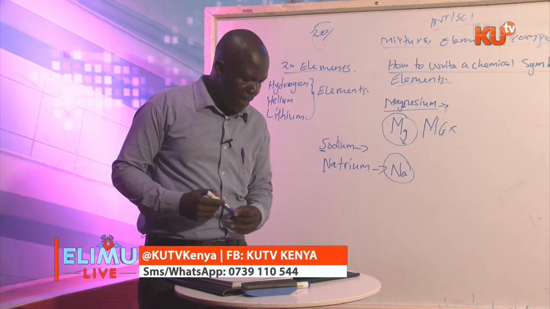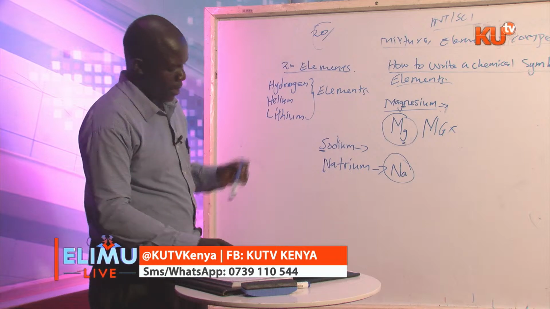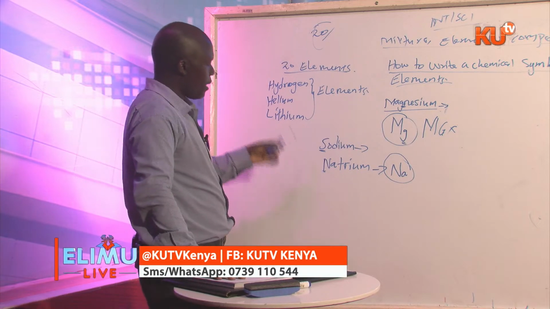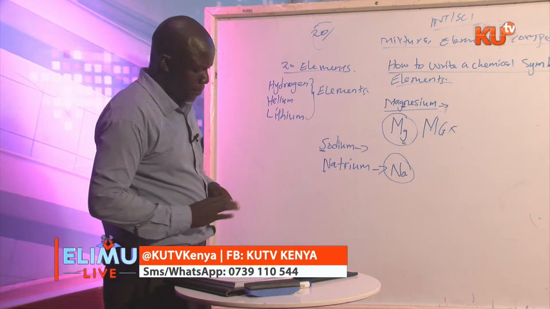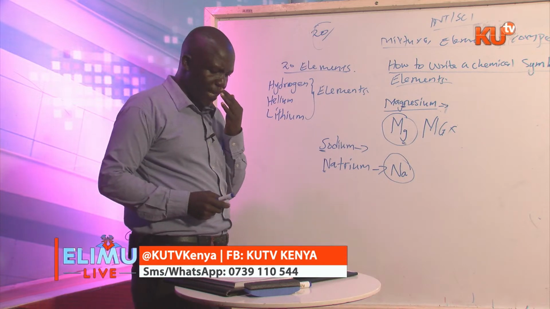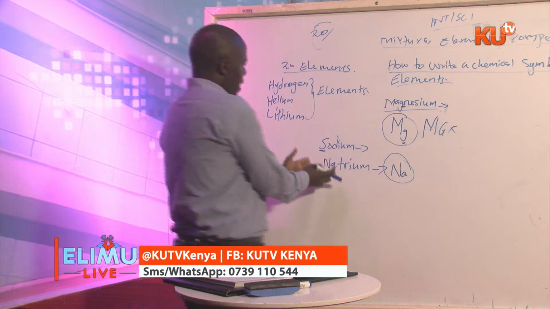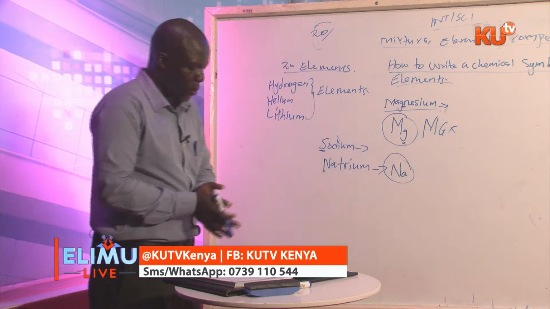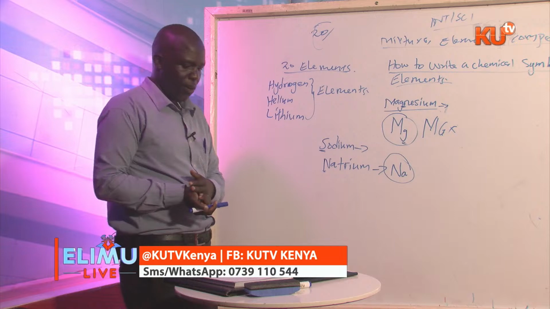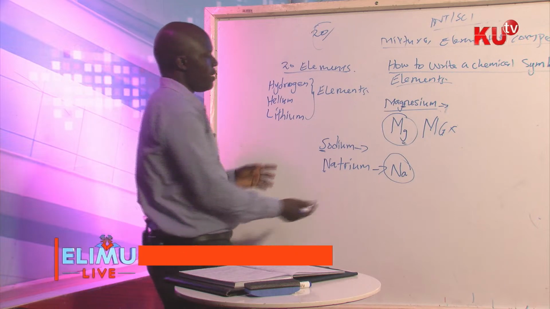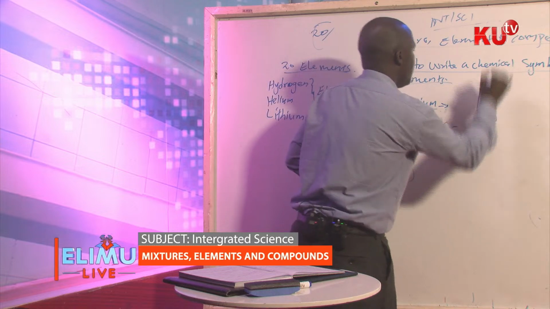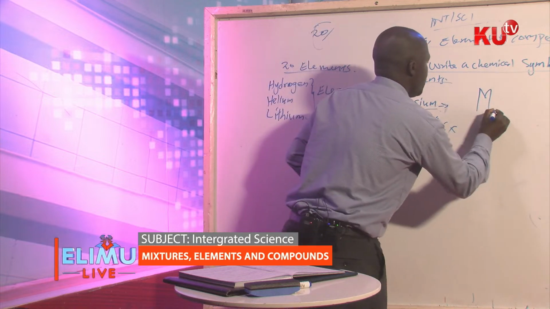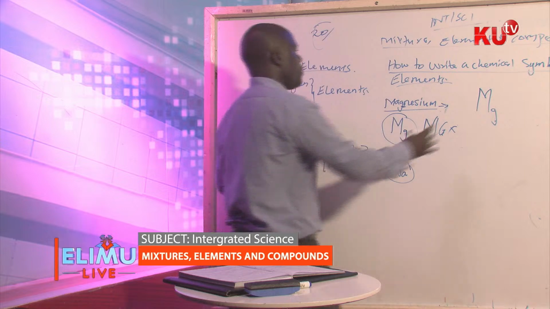So I've said the first letter must be the first letter of the Latin name or the English name. Then the chemical symbols are derived from either the Latin or the English name. Then, of course, the first letter of the chemical symbol must be an uppercase, the way I've explained here. So we have M, this is an uppercase, then we have G here, which is the lowercase. So if you write this, it is correct.